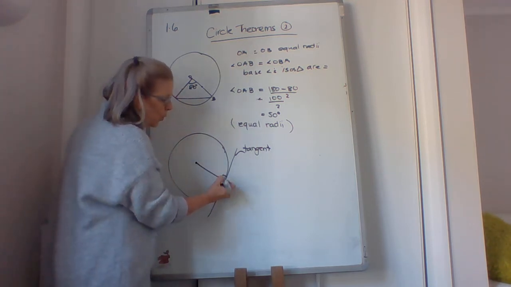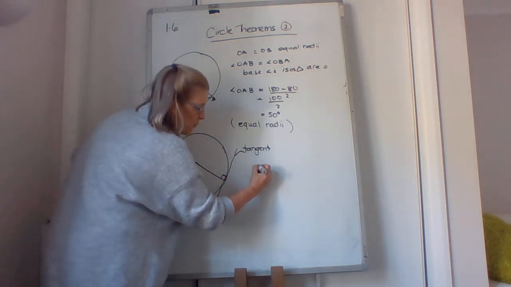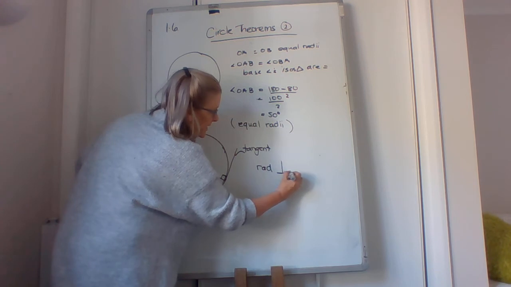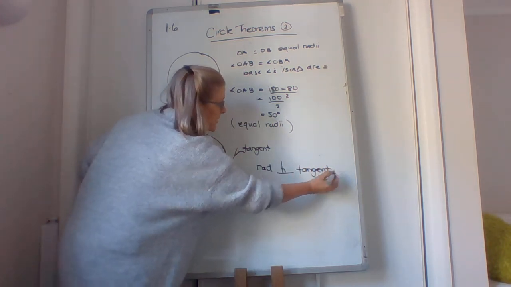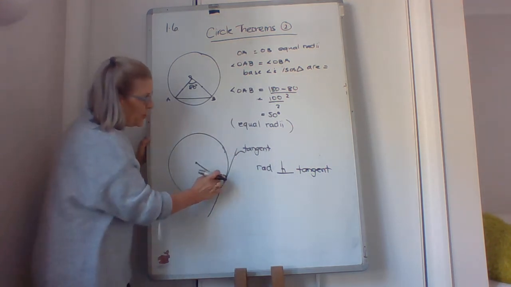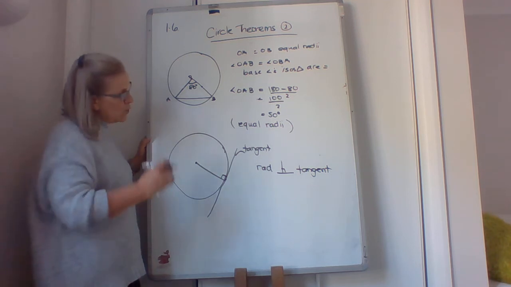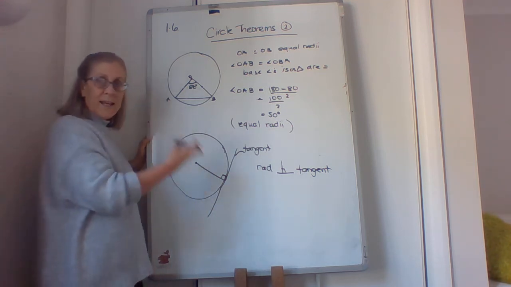And they always meet at a right angle. So we say that the radius is perpendicular to the tangent, or the other way around, it doesn't matter. Tangent is perpendicular to the radius, but that's the reason for knowing that it is 90 degrees, which might help us to find out something involving an angle with this.